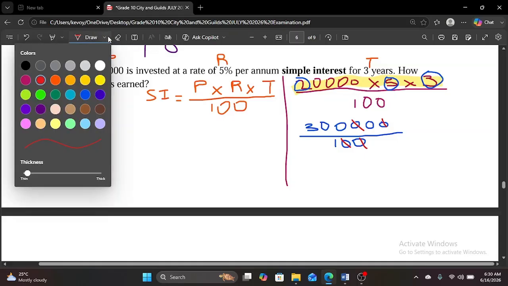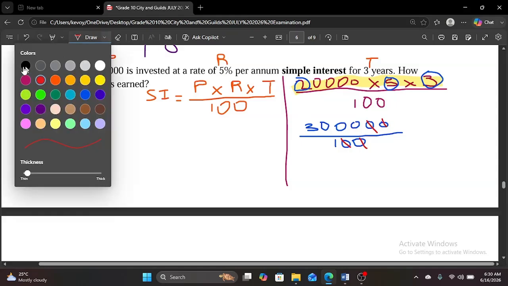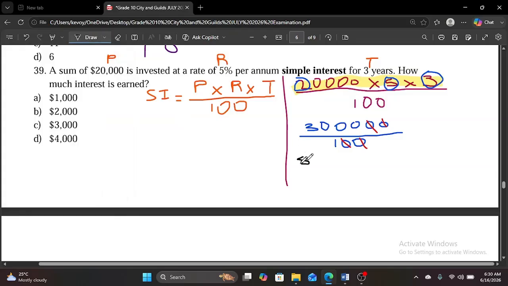Your simple interest is going to be 3,000. So your simple interest is equal to 3,000. So that's going to be C right there.